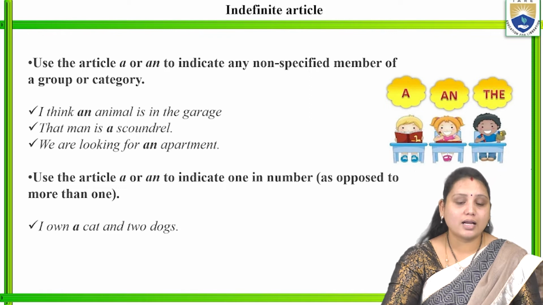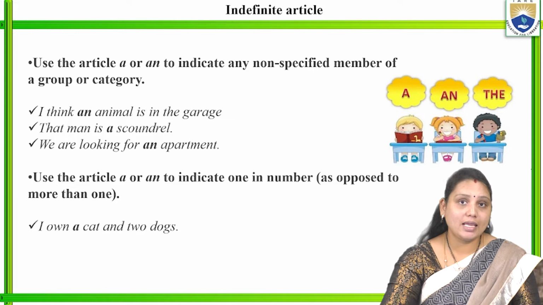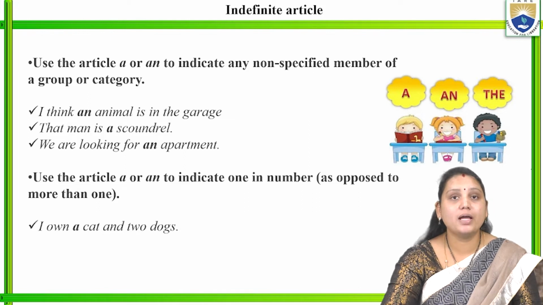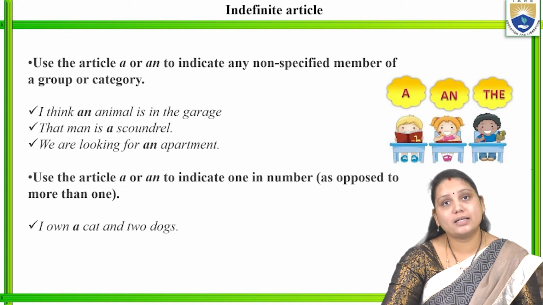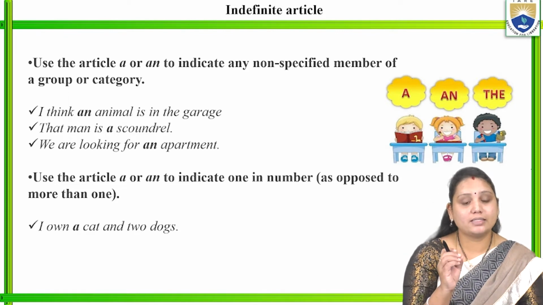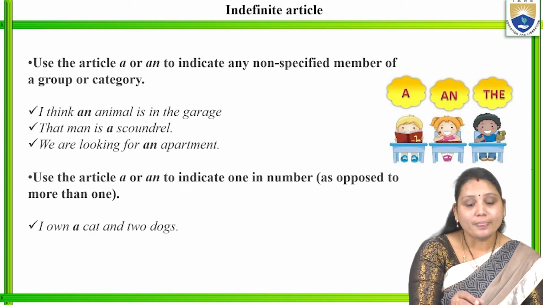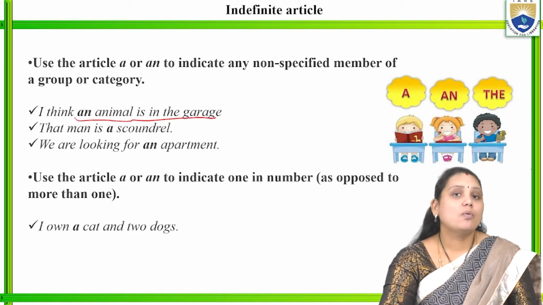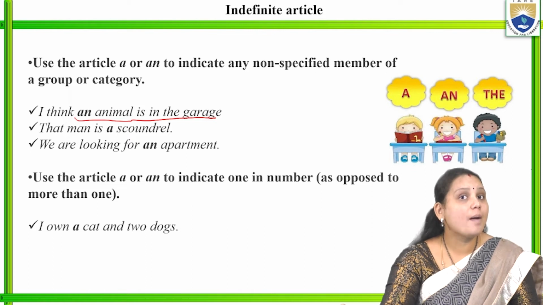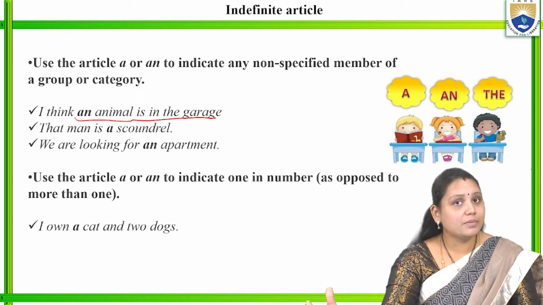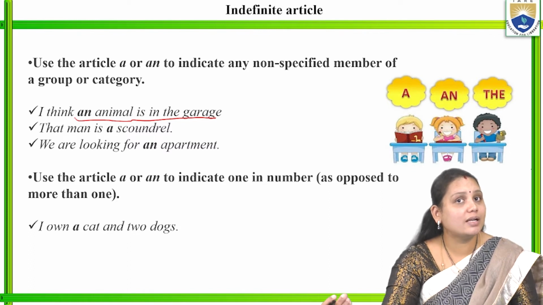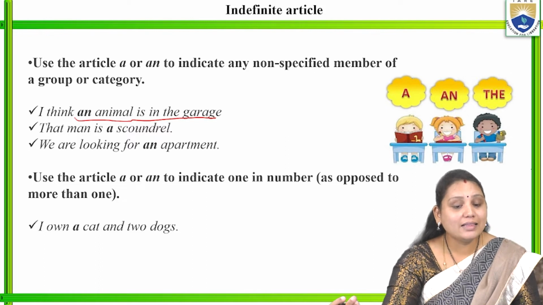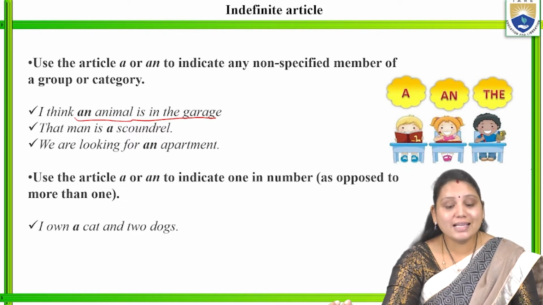Next, use the article a or an to indicate any non-specified member of a group or a category. Let me explain this with an example so that it is clear. I think an animal is in the garage. What is animal? It is a common noun. Many animals are there. Now, if you give a specific name to that animal, for example, I think a dog is in the garage.